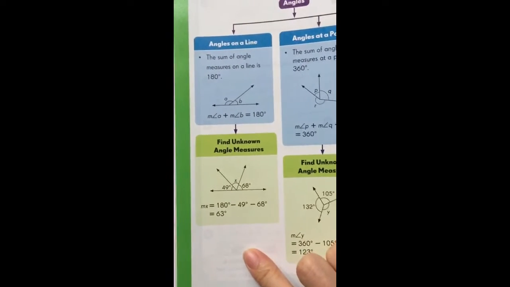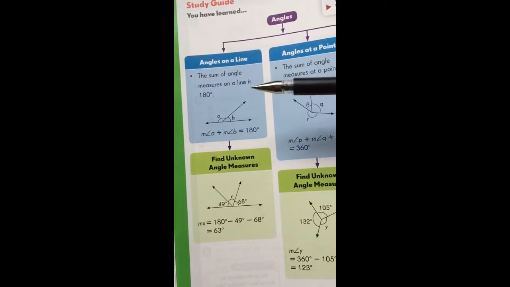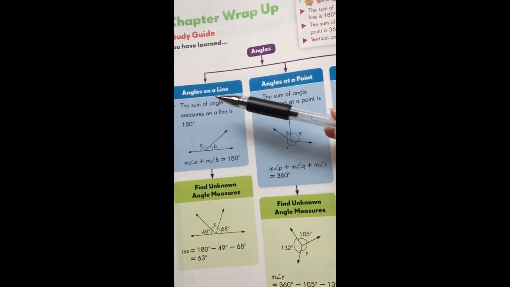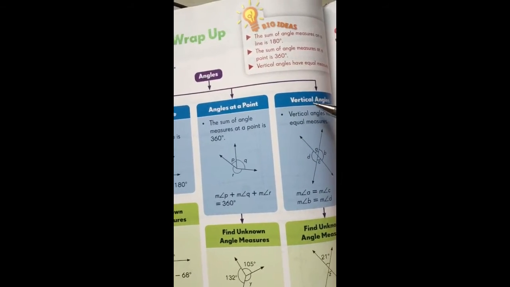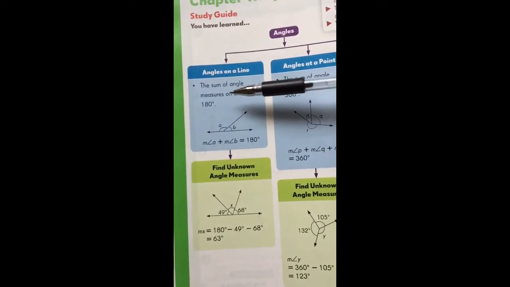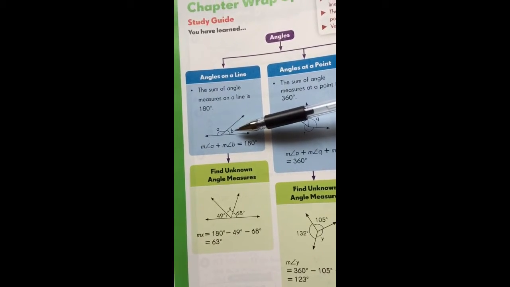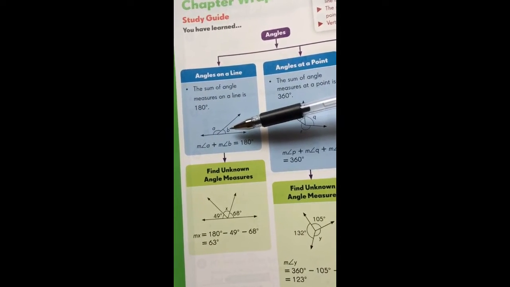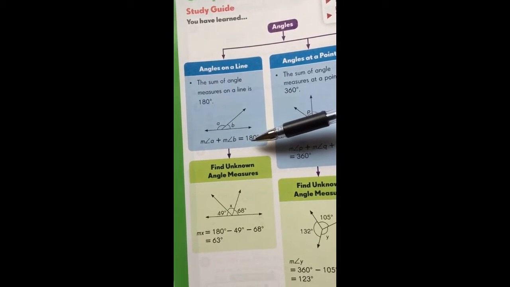Chapter 12 is a small chapter. To sum up all the lessons in this chapter, it is angles on a line, angles at a point, and vertical angles. Angles on the line are angles like this, and the sum of their measures is 180 degrees.